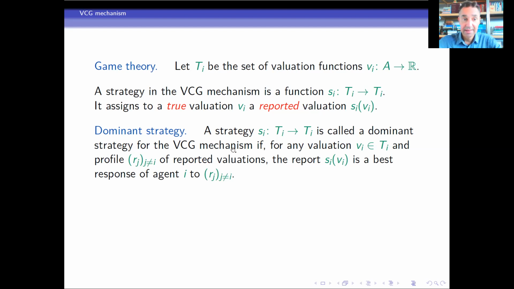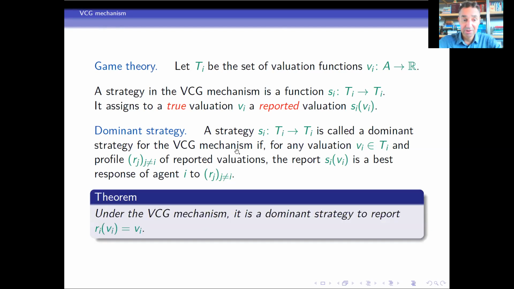That's a dominant strategy. And the theorem is now that under the VCG, reporting the truth, so if your valuation is v_i, then reporting v_i, is going to be a dominant strategy in this sense. So it maximizes your utility, given the reports of the other ones.